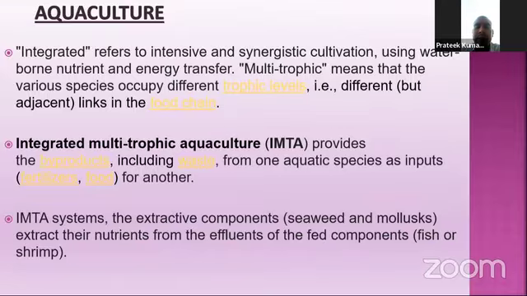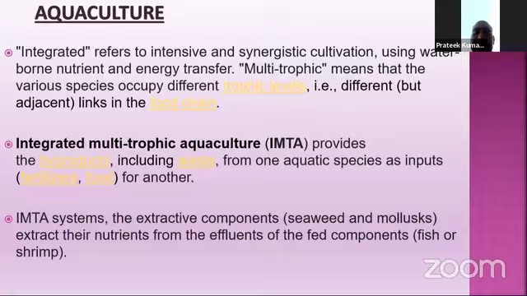Yeah, aquaculture integrated refers to intensive and synergetic cultivation using waterborne nutrient and energy transfer. Multi-trophic means that various species occupy different trophic levels, different links in the food chain.